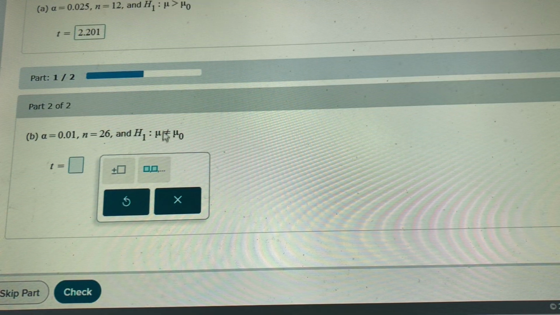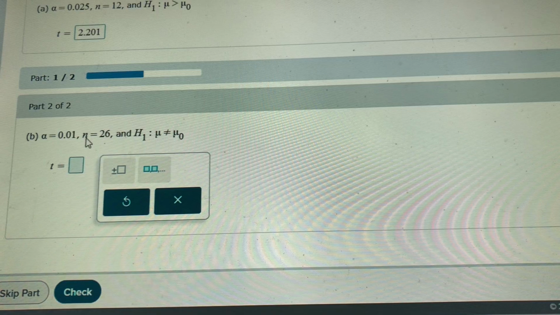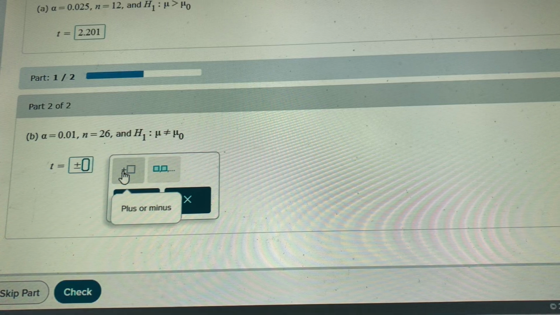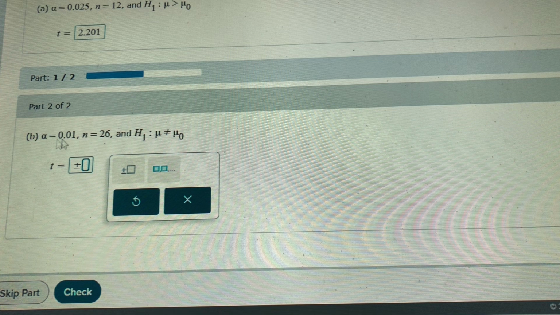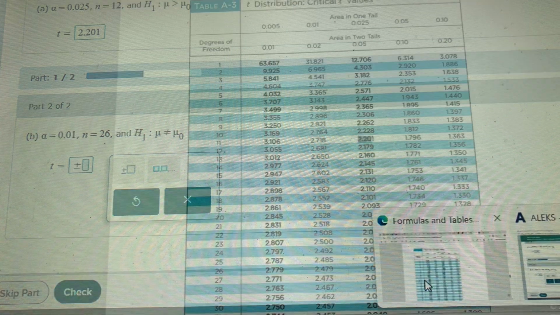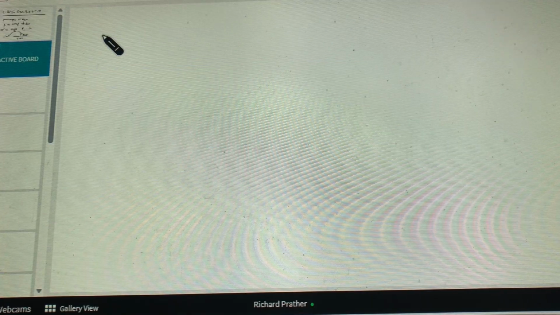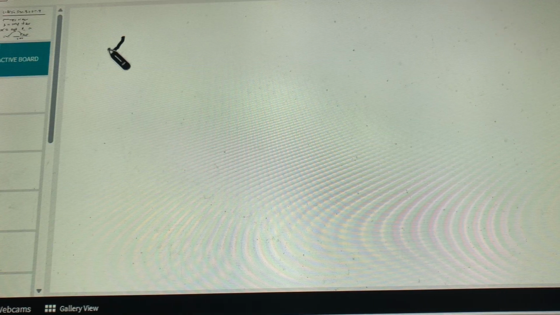If the alternative had been not equal to, and n was 26, then you're going to use 25 degrees of freedom. But whenever it's not equal to, you're definitely going to get plus or minus whatever it is, and whatever alpha they give you, you have to cut it in half. So two-tailed, you cut alpha in half. If it's either of the one-tailed ones, you don't cut it in half.